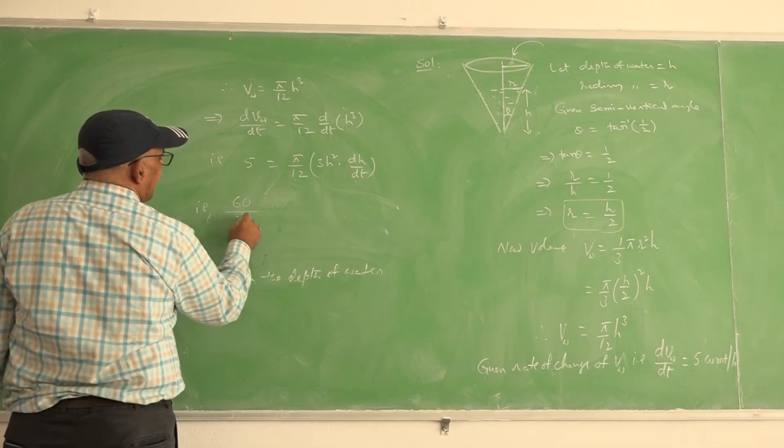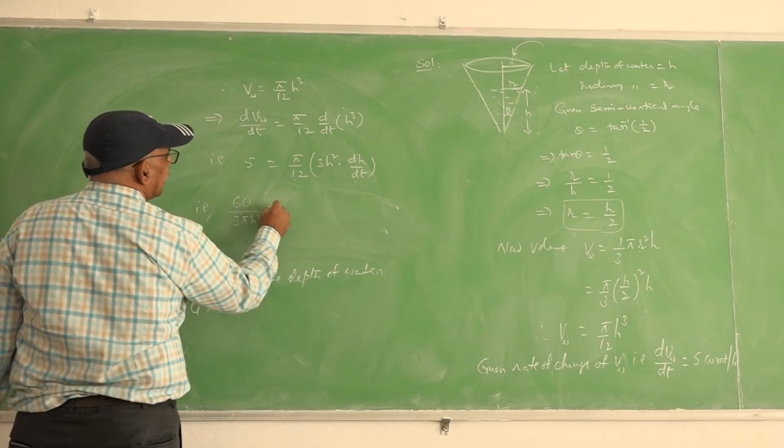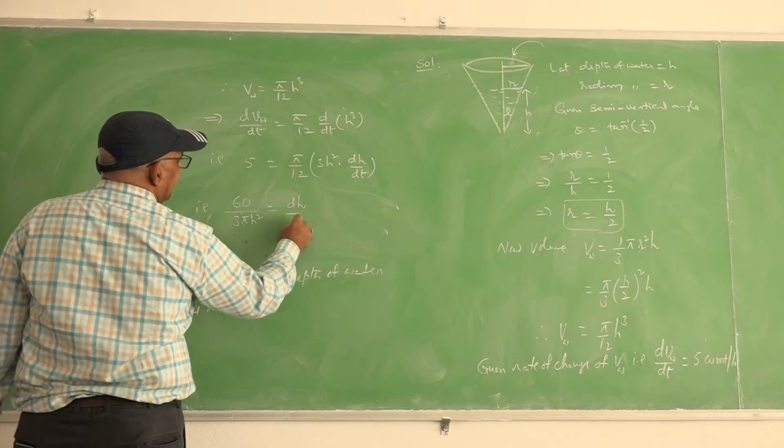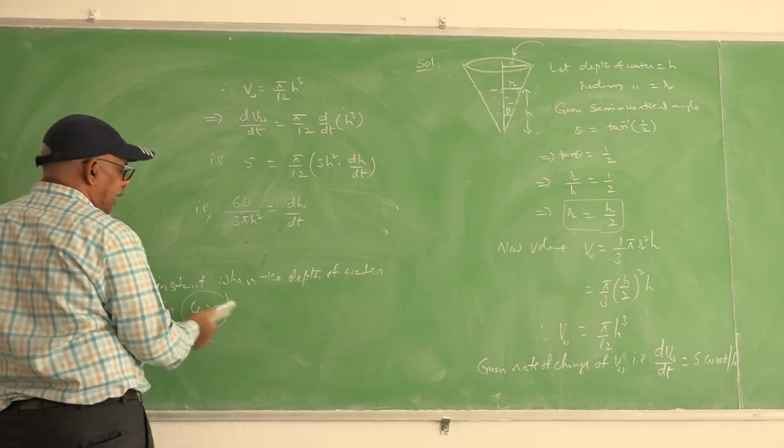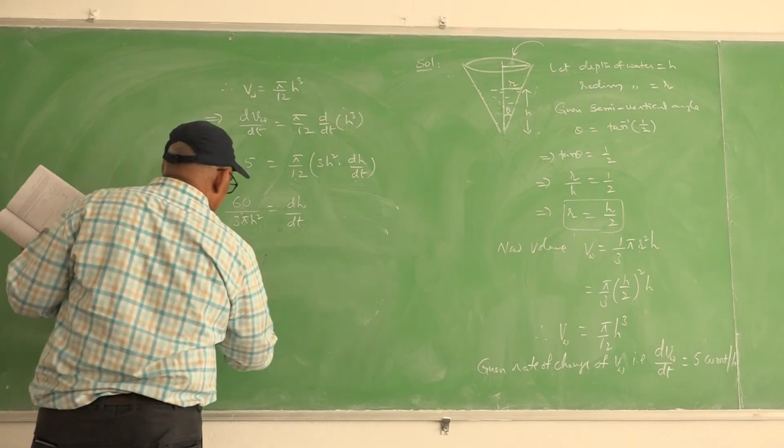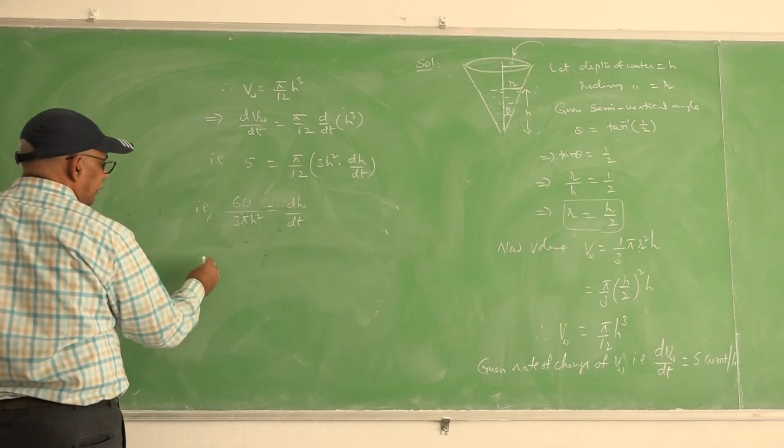by 3 pi h square gives us dh by dt. But in particular, when h is 4 meters, the rate of change in h is needed.